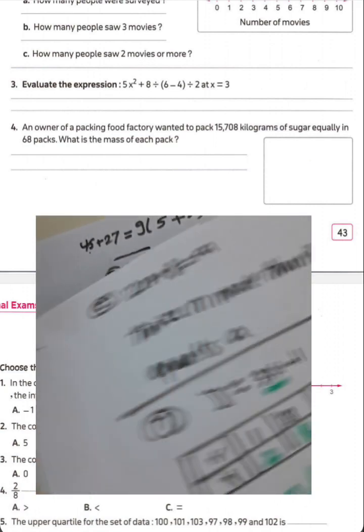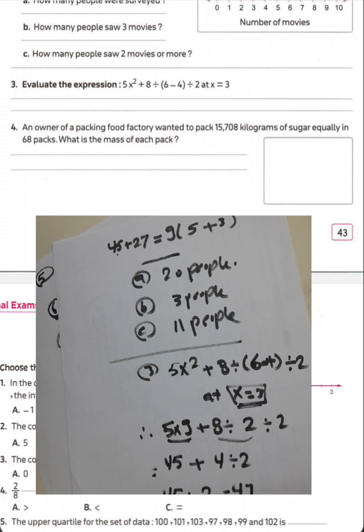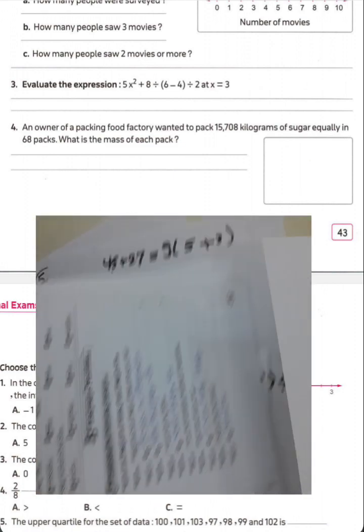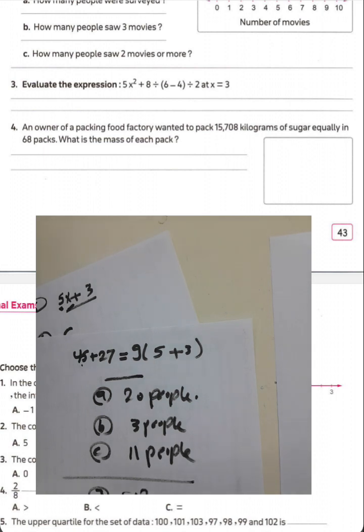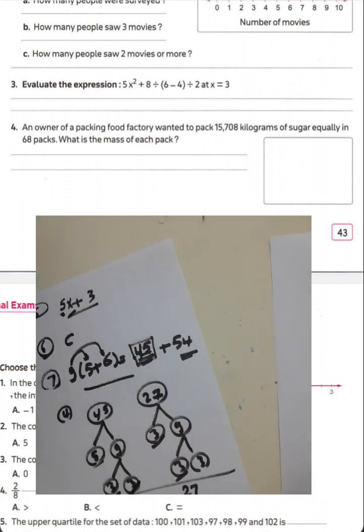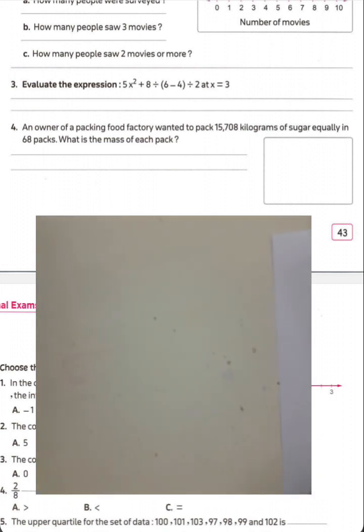Look at this question. The owner of a baking food factory wanted to pack 15,708 kilograms of sugar equally in 68 bags.